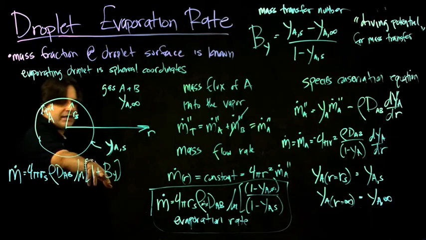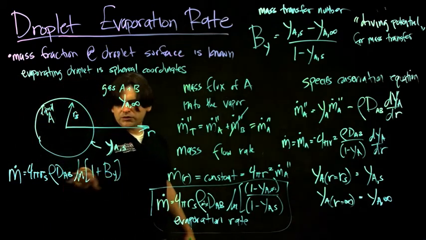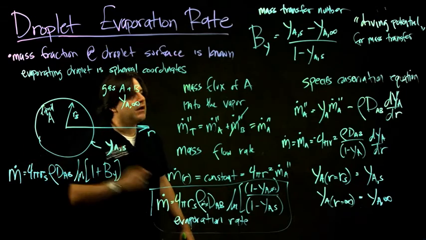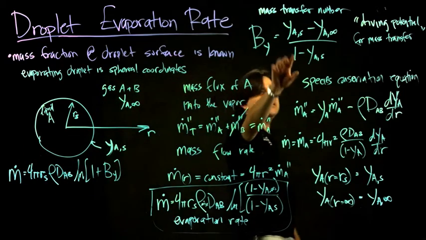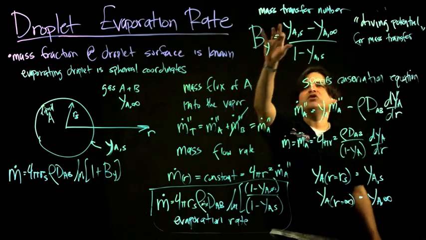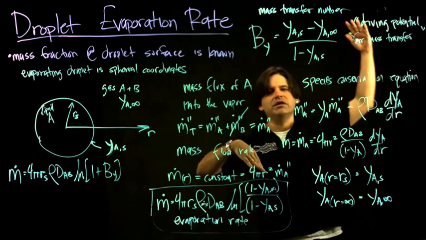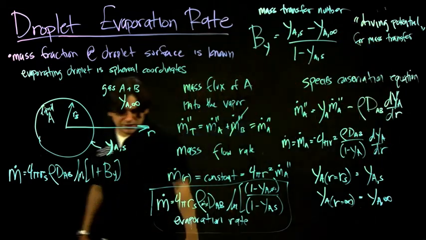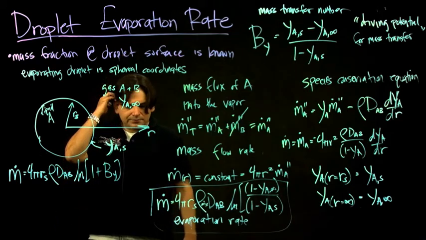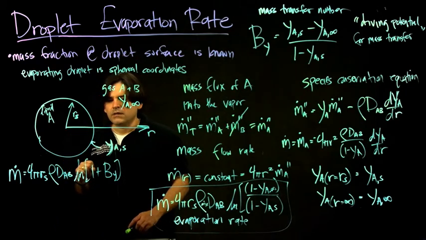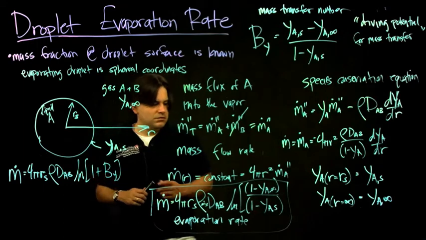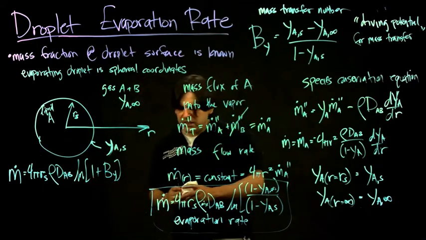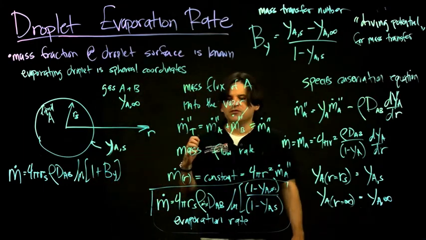As we can see, it's proportional. As this increases, the evaporation rate increases, and the way to have a larger mass transfer number is to have a larger difference between the surface and the far stream concentration. Okay. So let's get this into an even more useful format.